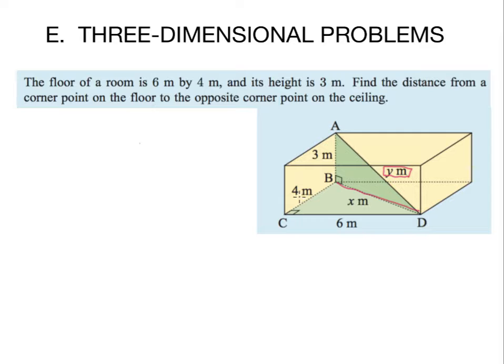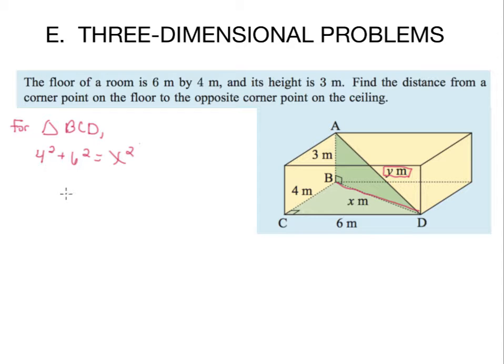So I look at this bottom triangle, and I can see that I have this triangle BCD. I want to solve for x first in this triangle BCD, and then I'm going to use our measurement of x in my triangle ABD. For the bottom triangle, I have 4 squared plus 6 squared equals x squared.